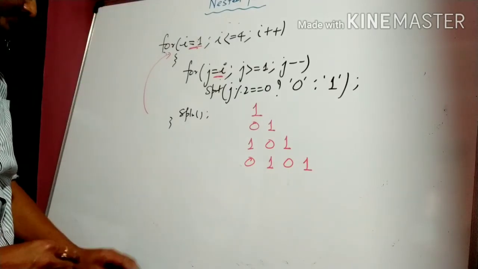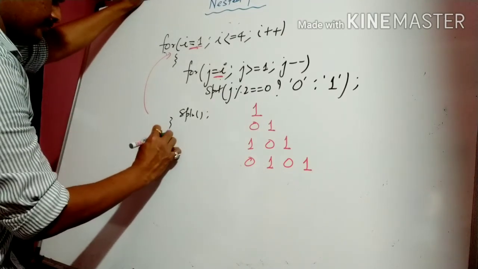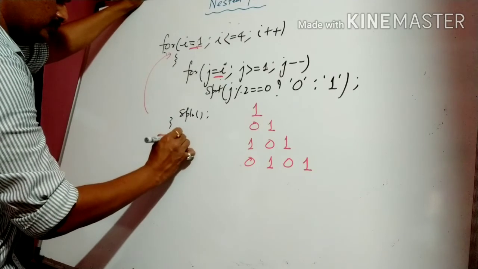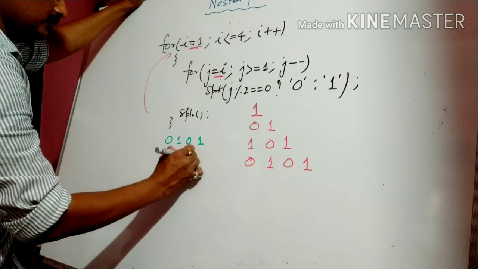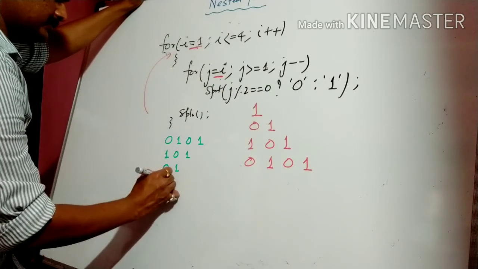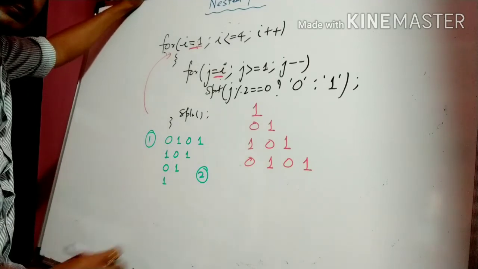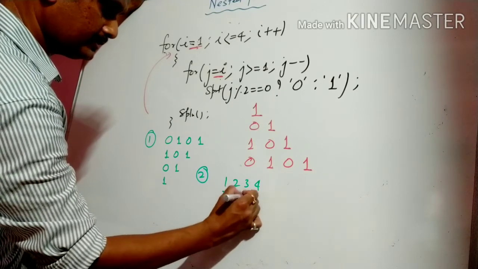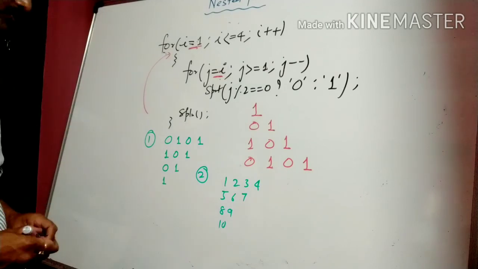One homework I am giving you. Try to do this question. 0 1 0 1 1 0 1 0 1, and this is 1. This is question number 1. Question number 2: 1 2 3 4 5 6 7 8 9 10. This is question number 2.